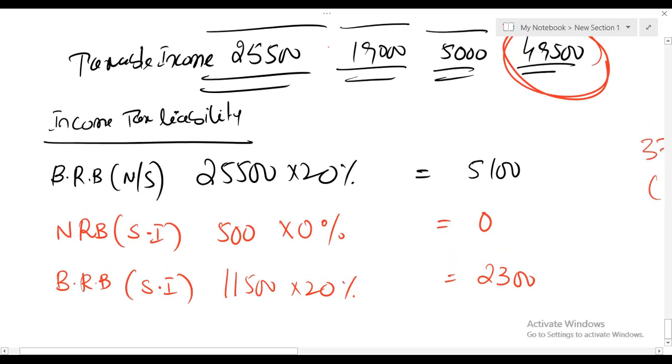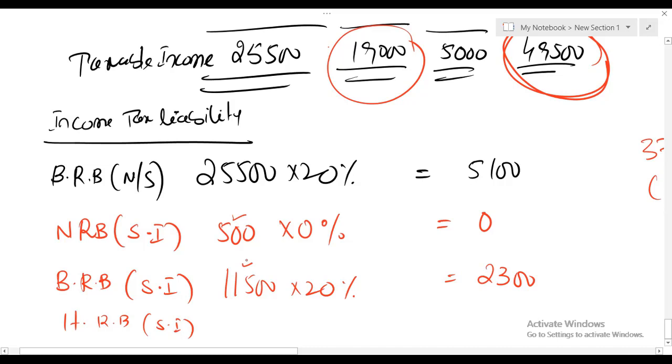Now we'll move on to higher rate band. Higher rate band, saving income. Actually, the amount of the saving income is 19,000, and out of that 19,000, 500 falls in nil rate band, 11,500 falls in basic rate band.